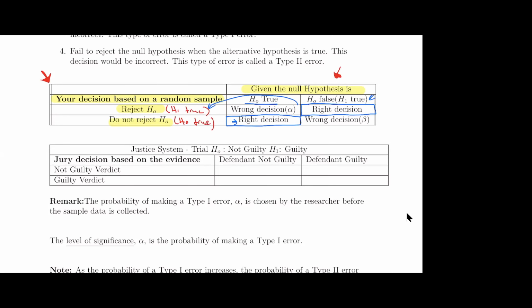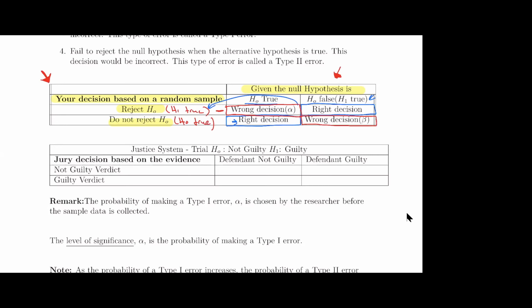So if I reject the null hypothesis and the null hypothesis is not true, then that's the right decision. So in both of those scenarios, we made the correct decision. Now let's do a wrong decision. I highlighted two of them.